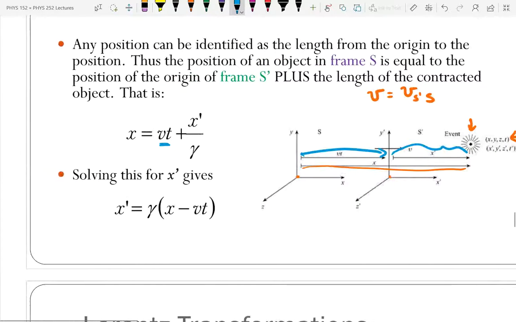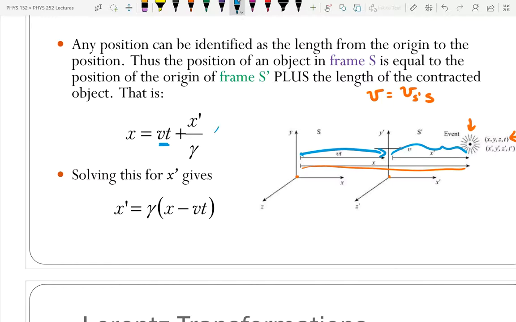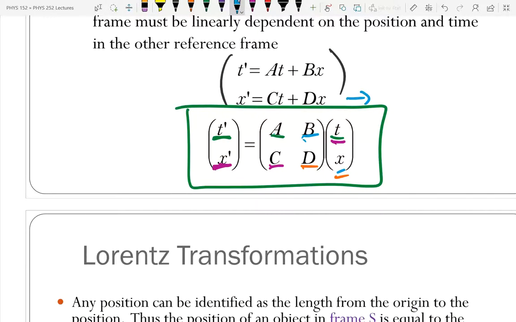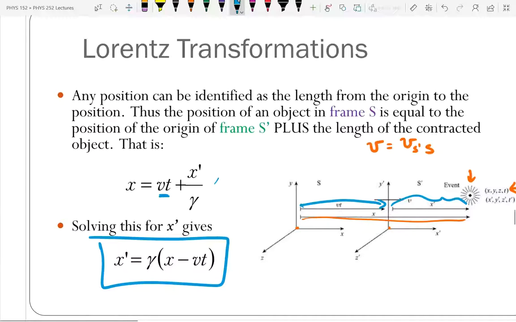So taking that equation, just solving now for x prime, that means subtract vt from both sides and then multiply by gamma. We have x prime is equal to gamma times x minus vt. There's one of our two equations. Right? And come up here and say, aha. I've got to look at it again.